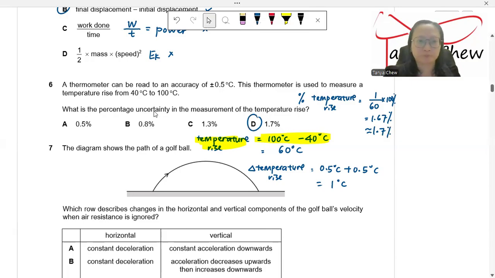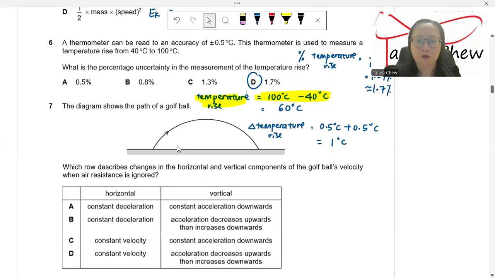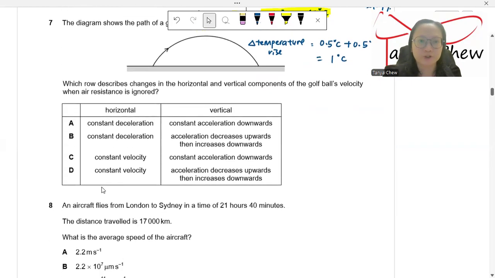D is the answer. Number 7, the diagram shows the path of a golf ball. Which row describes changes in the horizontal and the vertical components of the golf ball's velocity when air resistance is ignored? Now, this is a curved motion, which we call parabolic motion or projectile motion. For projectile motion, the horizontal velocity must always be constant.